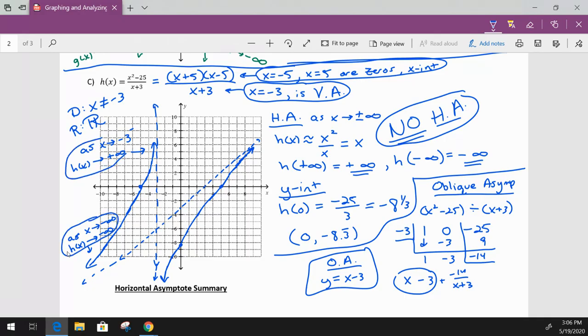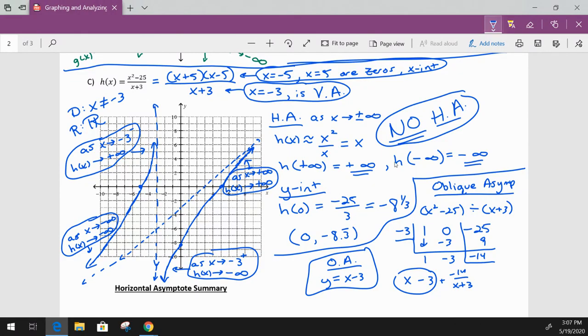So that's your ends of that side. On this side, as x is approaching -3 from the right, your y values, or h of x, is approaching negative infinity. And then up here, as x is approaching positive infinity, h of x is also approaching positive infinity. All right, so I think I've covered everything here.